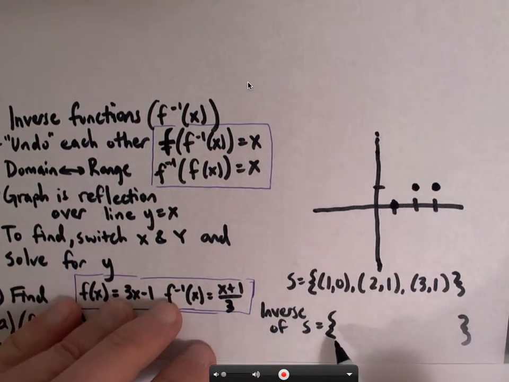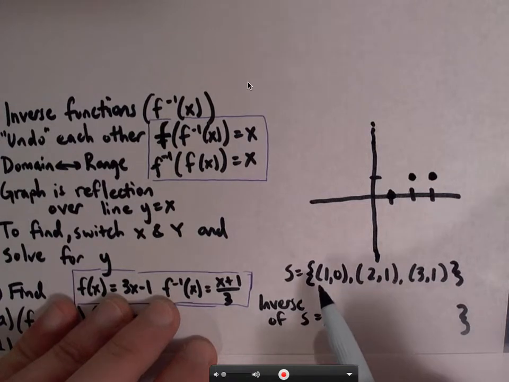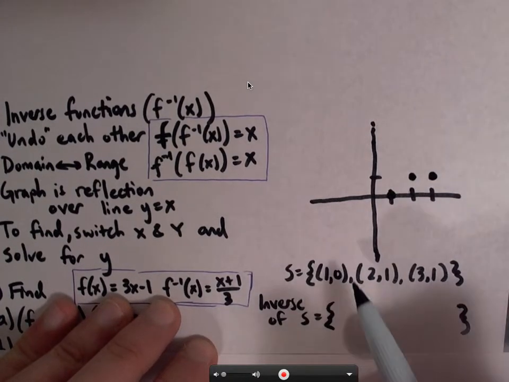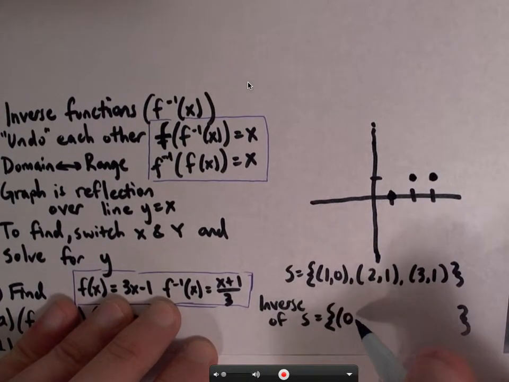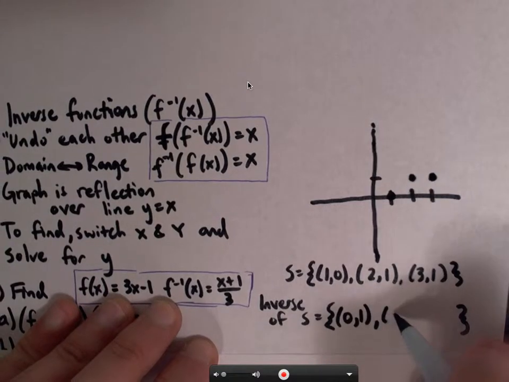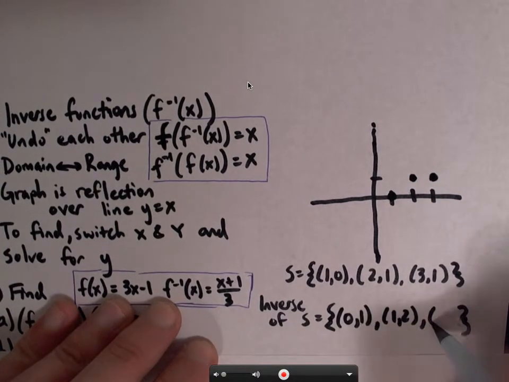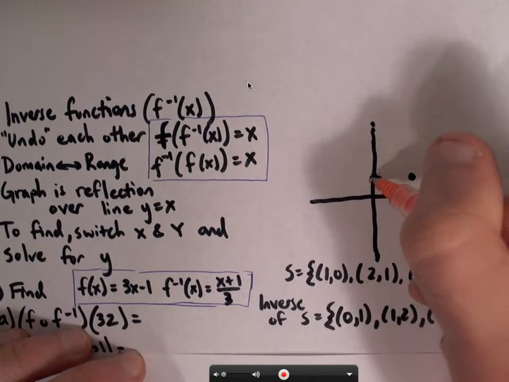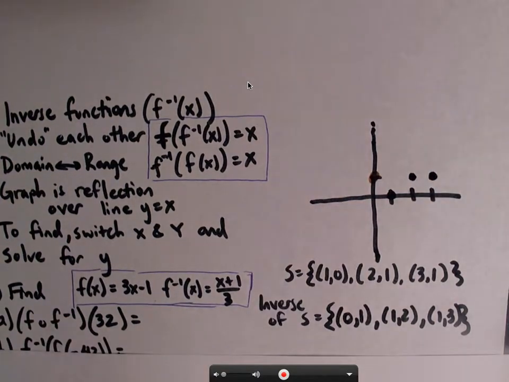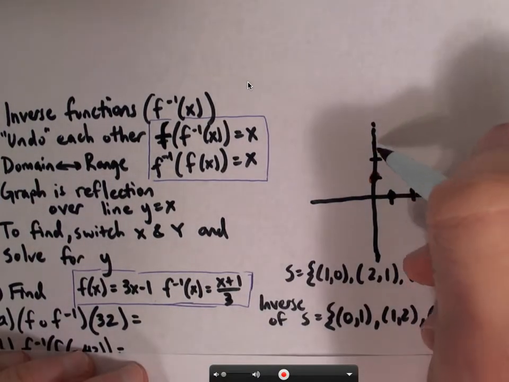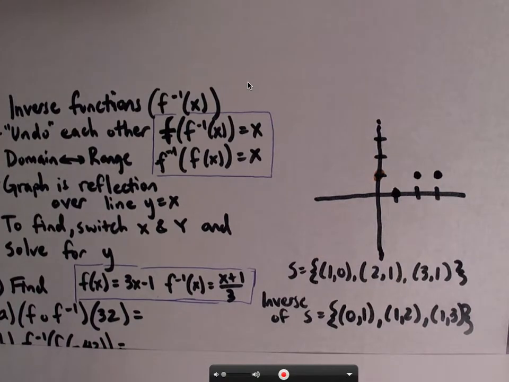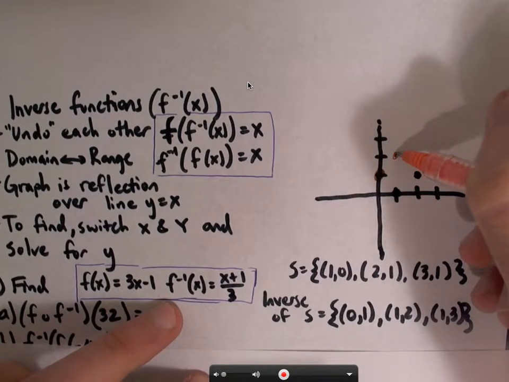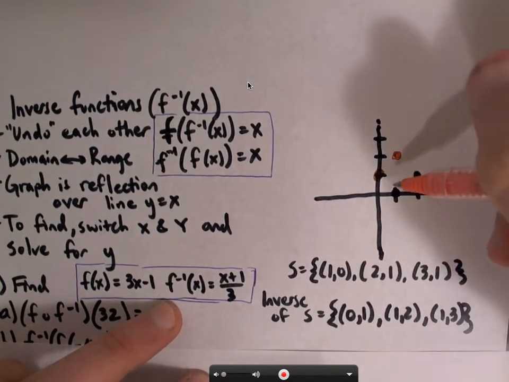Now the inverse of S, to find that, remember the domain becomes the range, and the range becomes the domain. So x becomes y and y becomes x. Let's just flip these around. And let's see what we get when we graph that. So 0 goes to 1, 1 goes to 2, and 1 goes to 3.